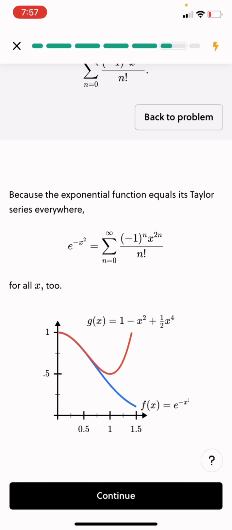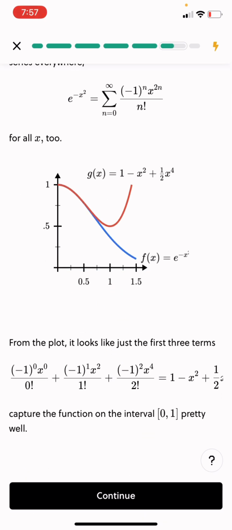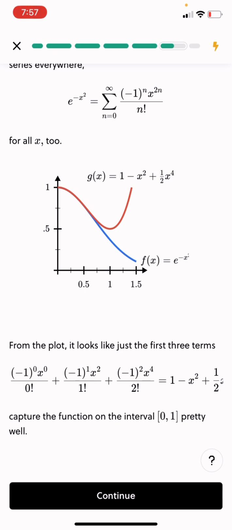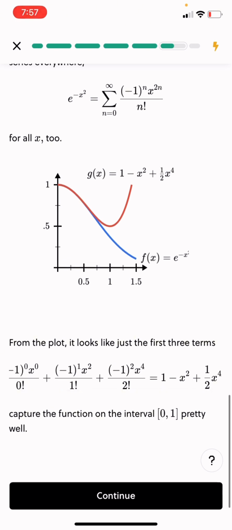Because the exponential function equals its Taylor series everywhere, we see this equation holds for all x. So we can see this chart. If you want to pause it, you can look at it. Okay, let's continue. For the plot, it looks like just the first three terms: (-1)^0 x^0 over 0!, plus (-1)^1 x^2 over 1!, plus (-1)^2 x^4 over 2!.